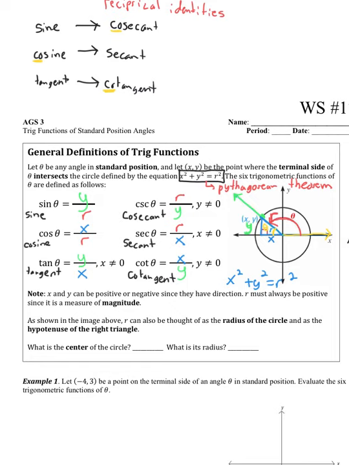Important note is that x and y can be positive or negative. And the way we tell whether they're positive or negative is basically what quadrant they're in. So we have quadrant 1, quadrant 2, quadrant 3, and quadrant 4. In our example, we have an x value that's going in a negative direction, so this is a negative x value.